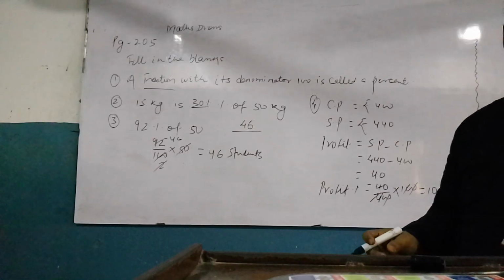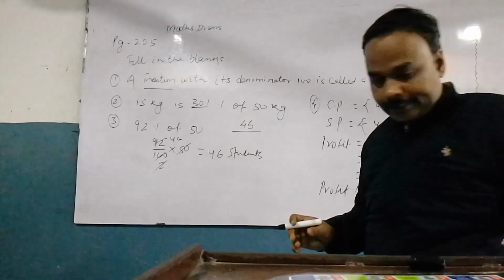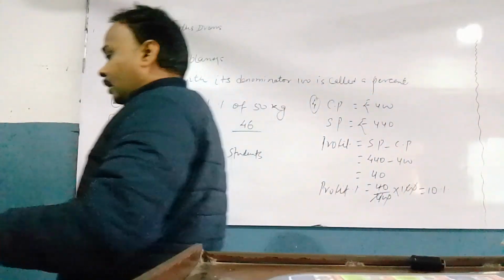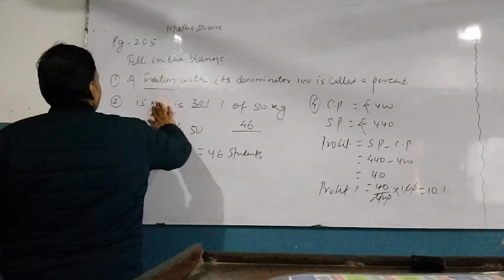Now see question number 5. Amount obtained by depositing rupees 20,000 at 8% per annum for 6 months. Here time is 1 by 2 year, 6 months means half a year.